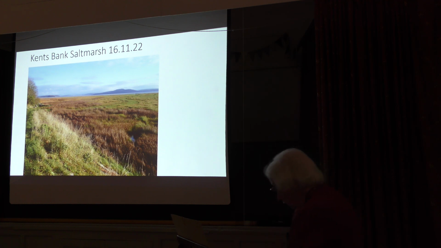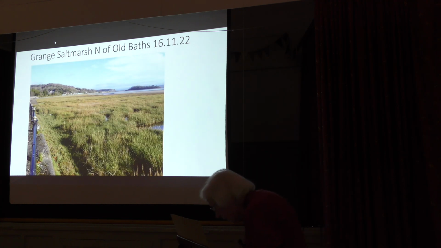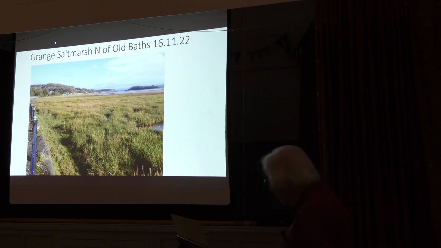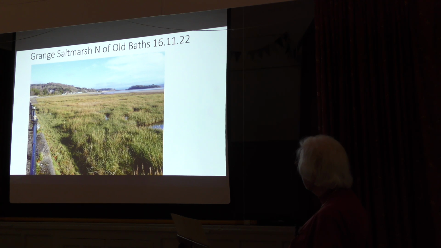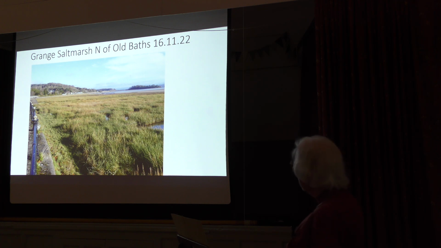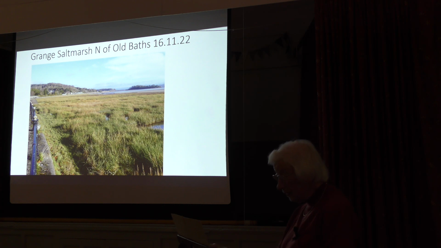If we now go north along the Grange Promenade, here we have a photograph of the marsh. I think you can probably see at a glance that it's much narrower by November 22. I had a profile just south of the old baths, but conditions were very similar north and south.